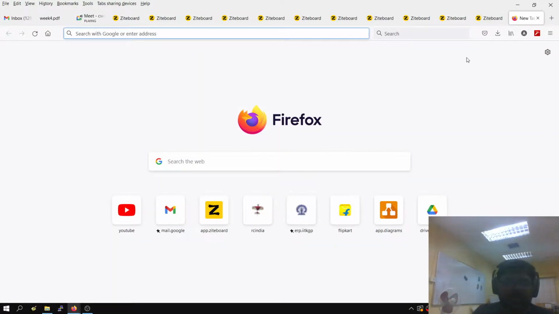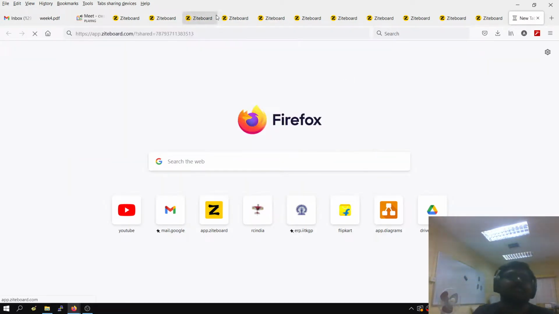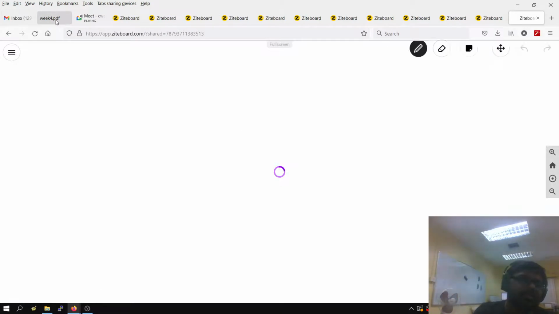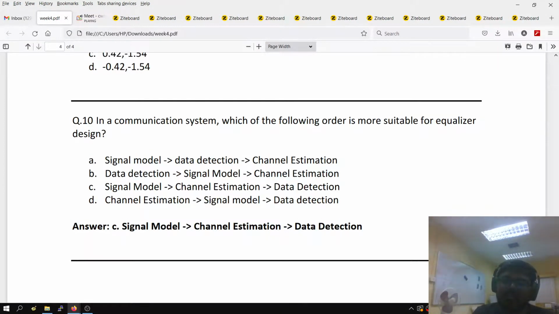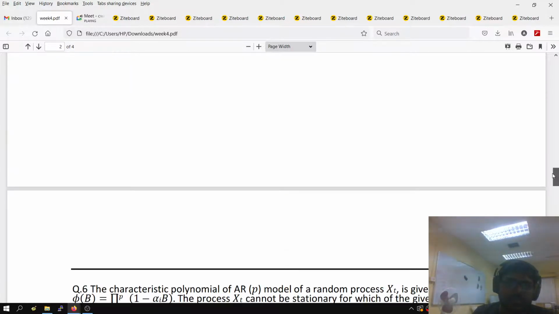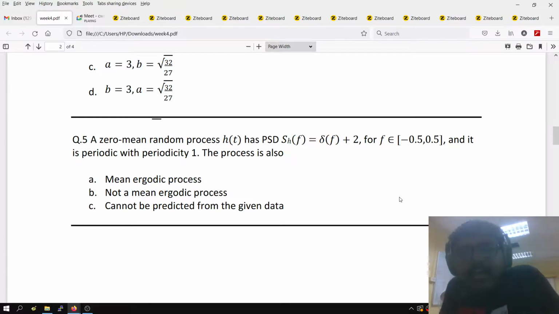So there is only one question remaining. The last question is question number 5. The question is: a zero mean random process H(t) has a PSD S_H(f) equal to delta(f plus 2), and it is periodic with periodicity 1.